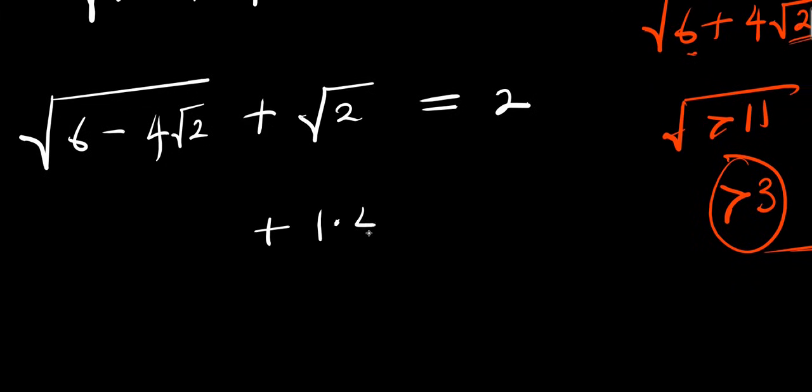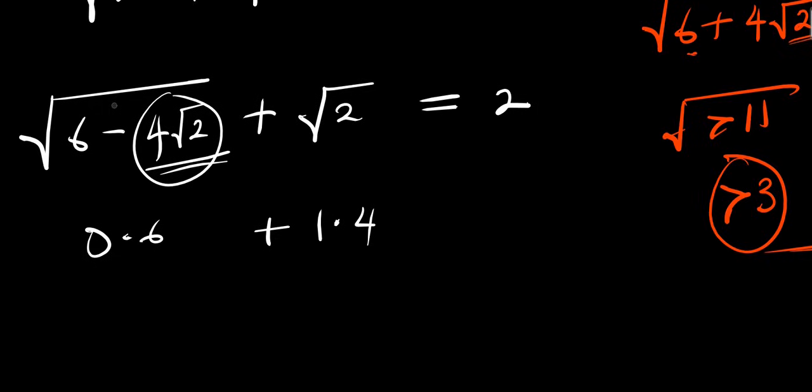This is about 1.4. This is about a number greater than 5. So this will give you 1 point something. So square root of that 1 point something is about 0 point something. So this can give you about 0.6, because this number here is about 5 point something, and if you subtract this number from 6, you have 1 point something.